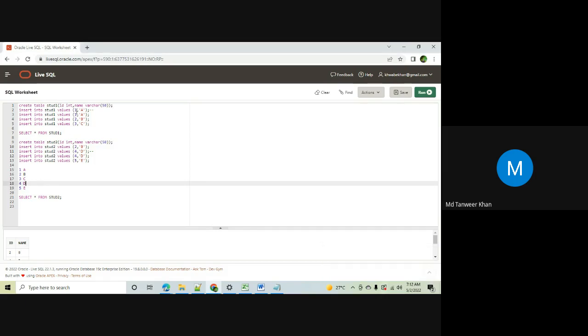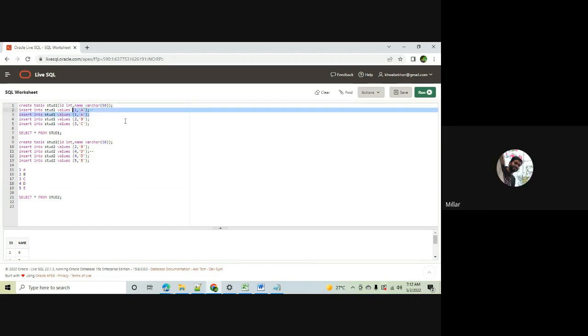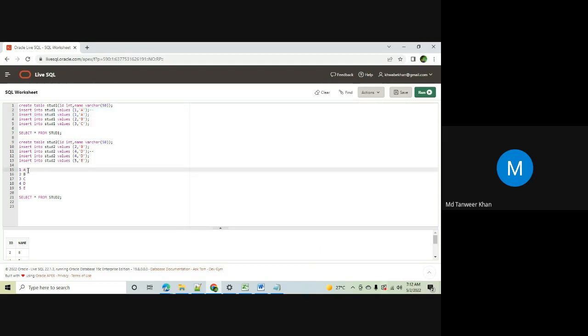Now, if I ask you why you have not told 1A twice, it's a duplicate value. In my case, I have asked you to tell me the students who are studying, so it means distinct students. If I add this value 1A again, it doesn't make any sense. They both are one and the same, right?